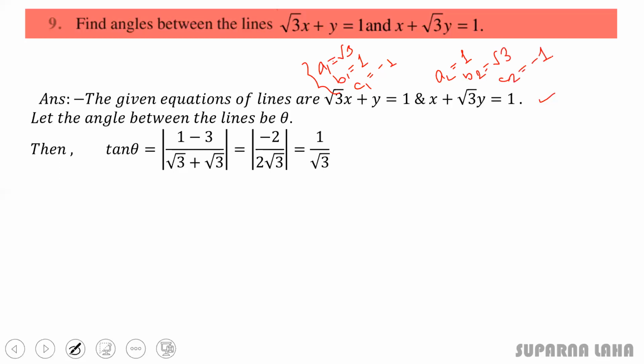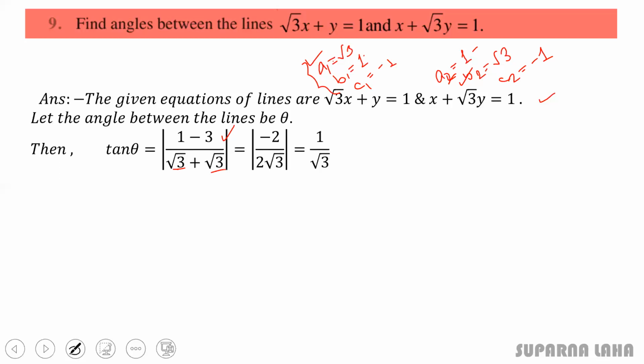Okay, so A2 B1 minus A1 B2 means 1 into 1 minus root 3 into root 3, that is 1 minus 3 here in the numerator, and in the denominator A1 A2, that is root 3 into 1, root 3, B1 B2, root 3 into 1, root 3, and add them.